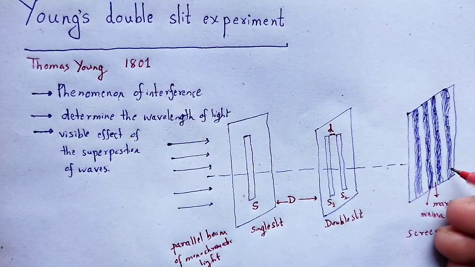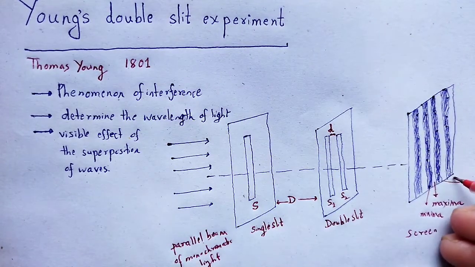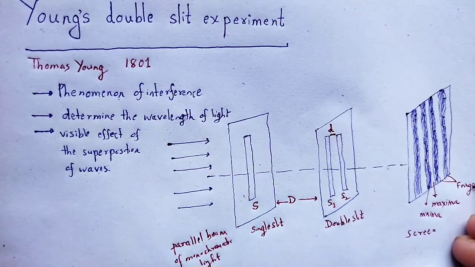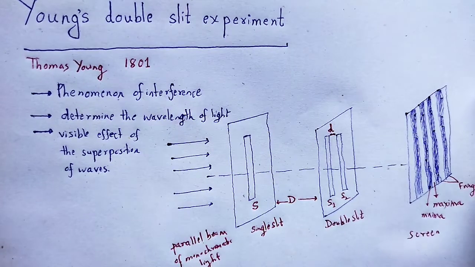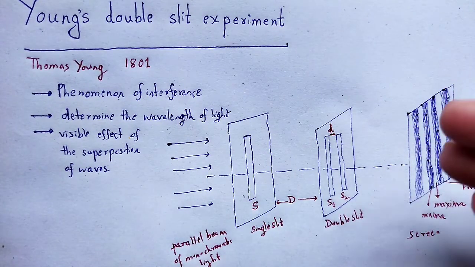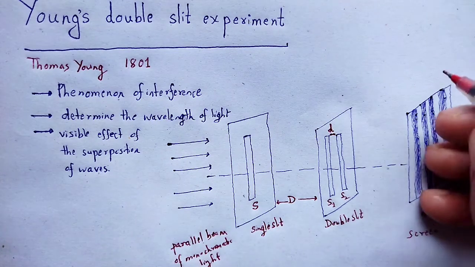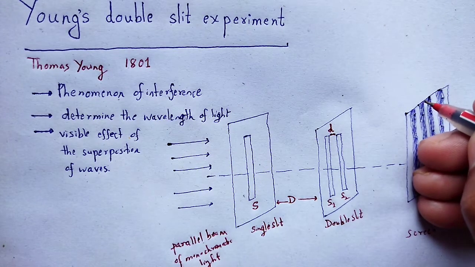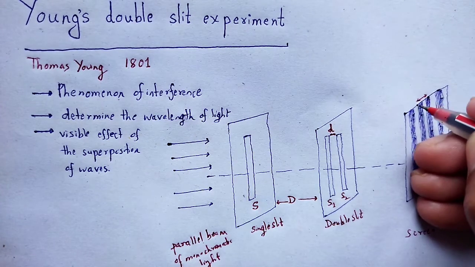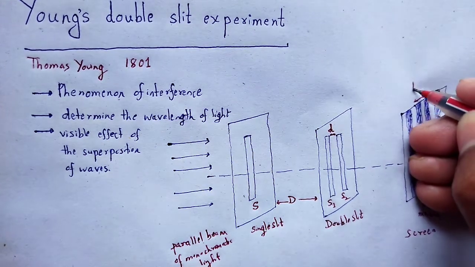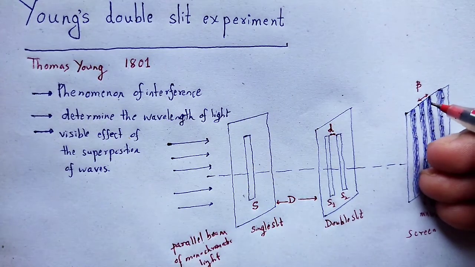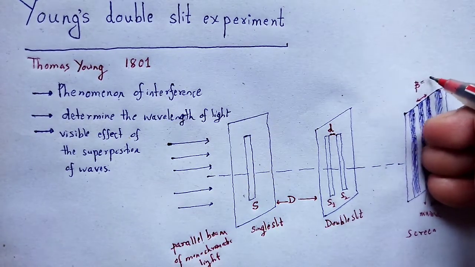These are the fringes. The distance between two consecutive dark fringes or two consecutive bright fringes is known as the fringe width.